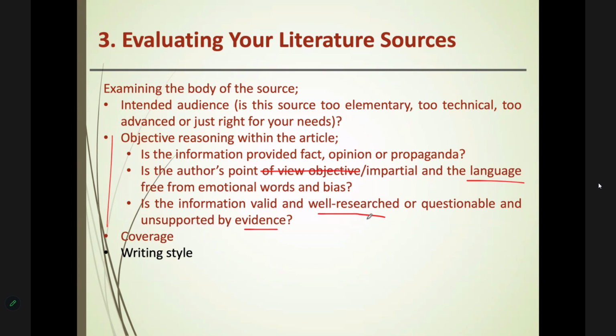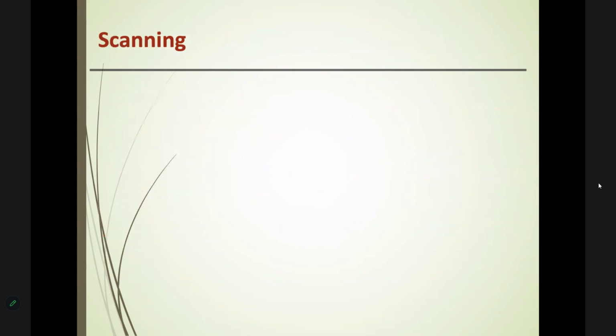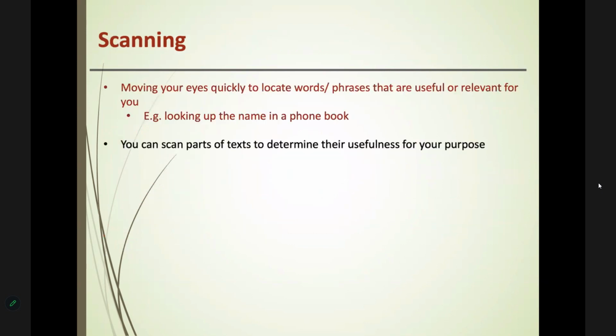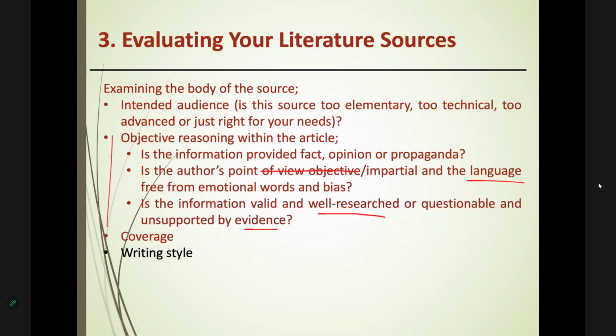So after searching, you have got the paper in front of you. First, you use your initial evaluation based on the journal type, the scanning one I talked about, right? So the author, title, the year, whether it is an updated journal or article, and whether the publishers are reliable or not.